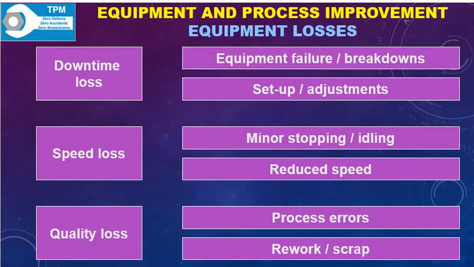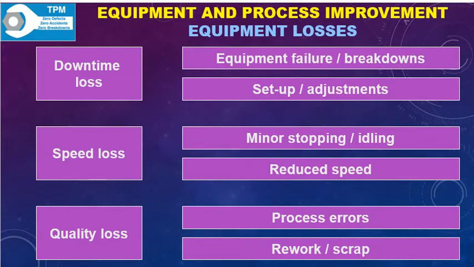Equipment failures and breakdowns come under breakdown loss, a downtime loss, and setup and adjustment also come under downtime losses. So you can calculate the availability of the machines on the basis of equipment failures, breakdowns, and setup and adjustments.